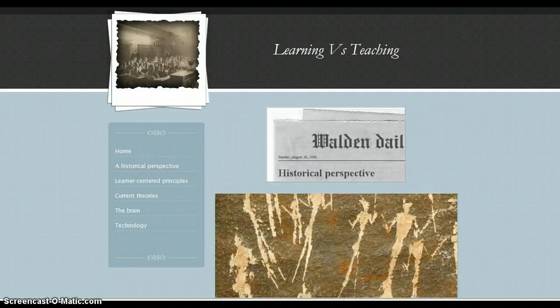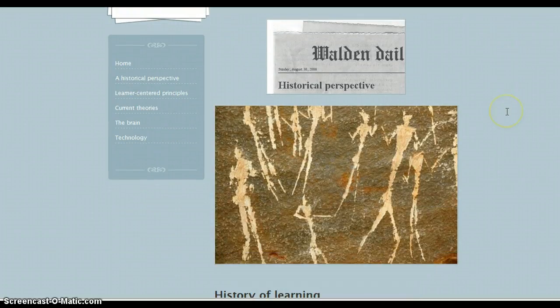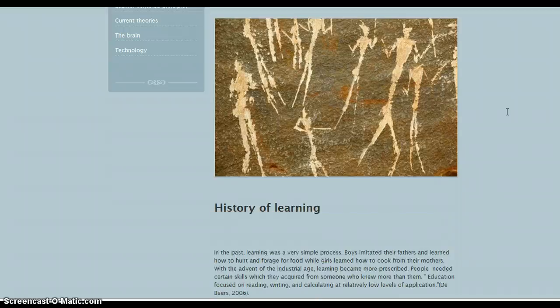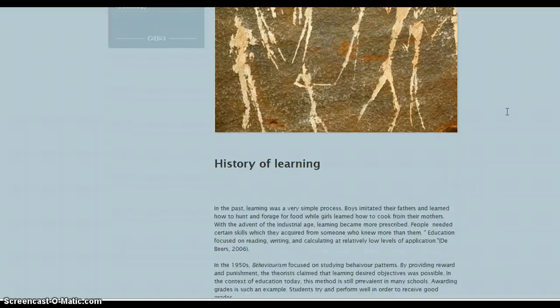So we move on to the historical perspective. Historical perspective is really important for us to understand and appreciate, not criticize, but see what the environment and context were like, and form a good picture of how education used to be and why it needs to change. From the very beginning, people would learn by aping their parents, by aping people who were knowledgeable about something.